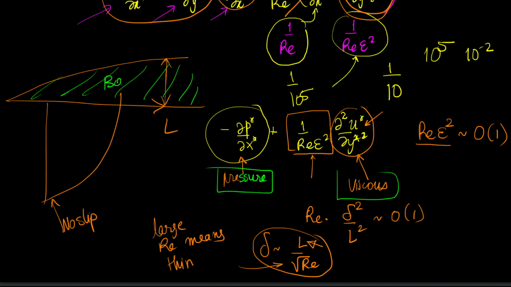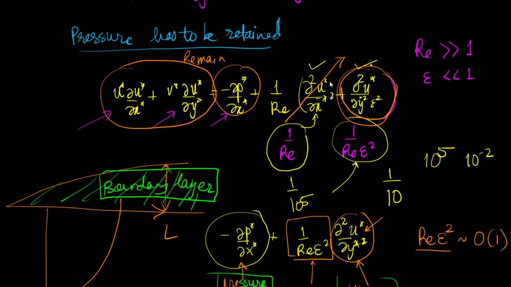In boundary layer theory, if your scaling is able to neglect viscosity, then obviously your scaling is incorrect, because why else would you be doing the scaling? We are doing the scaling in order to resolve the viscous boundary layer near the wall. So this term has to exist. Actually both terms would have to exist, but this particular term is much smaller in magnitude than this particular term. Hence only the y derivative exists.